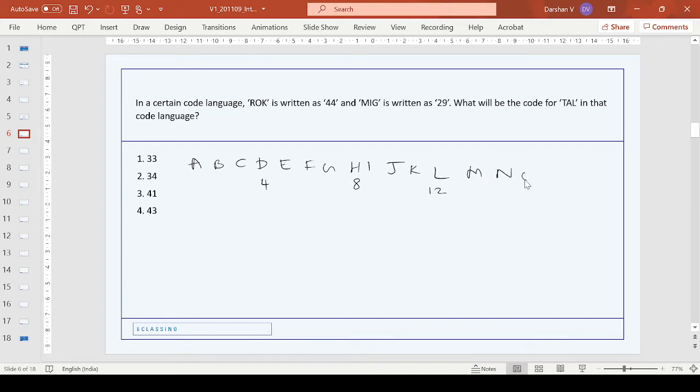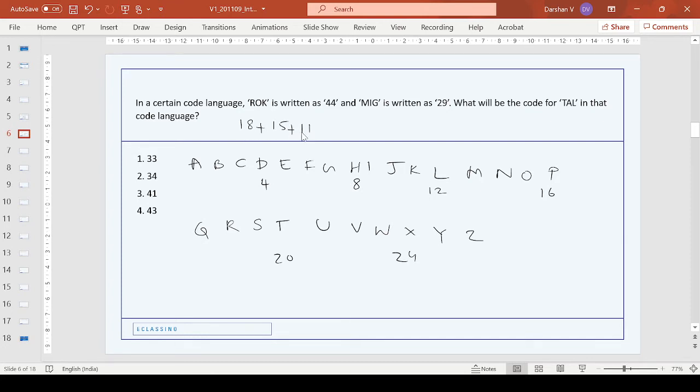M, N, O, P, Q, R, S, T, U, V, W, X, Y, Z. Now if you look at ROK, R is coming as 18 and O is coming as 15 and K is appearing as 11.